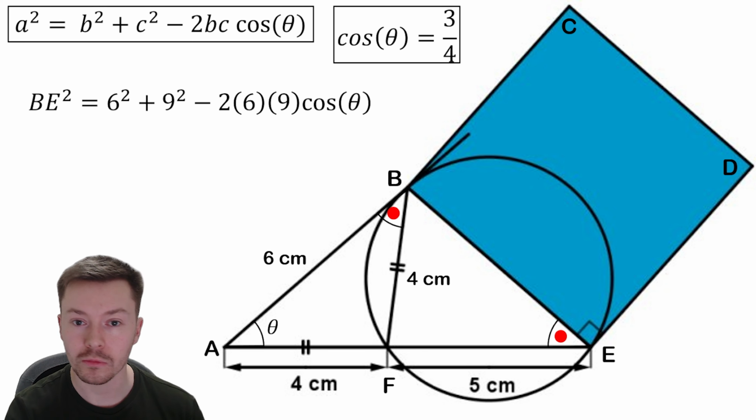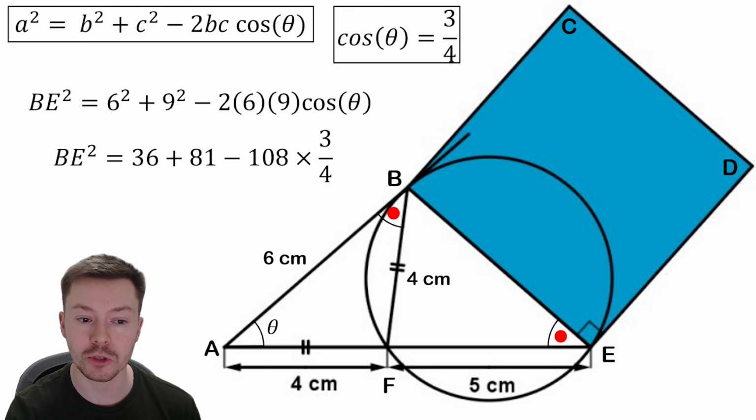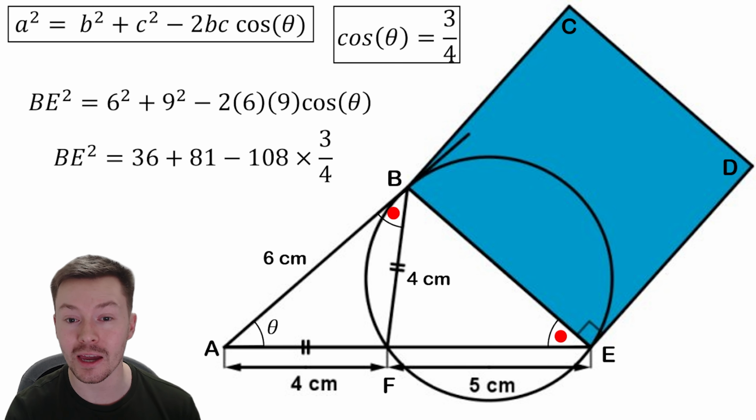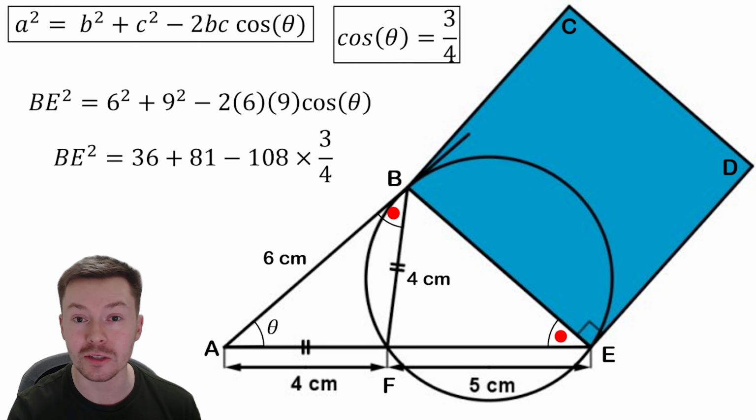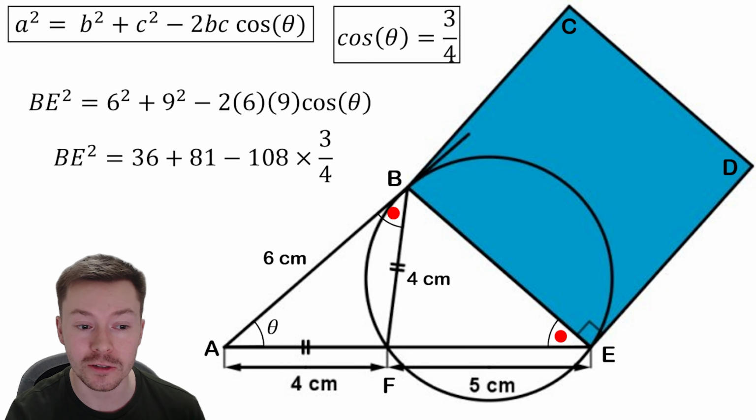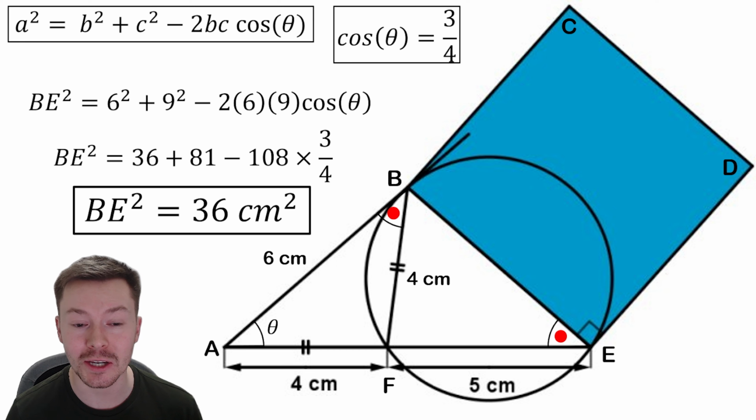Now I can calculate some of those values and substitute in for cos theta and I get this. So BE squared is equal to 36 plus 81 minus 108 times 3/4. And actually BE squared is going to be the area of the square. So I don't need to do anything else once I've calculated this answer. And it is 36 centimeters squared, which is a pretty neat answer, I think.